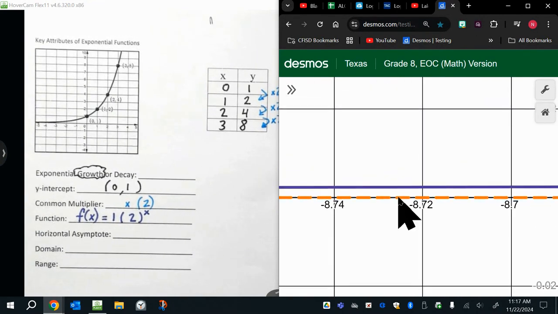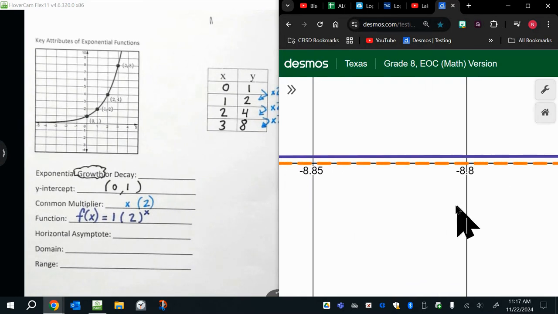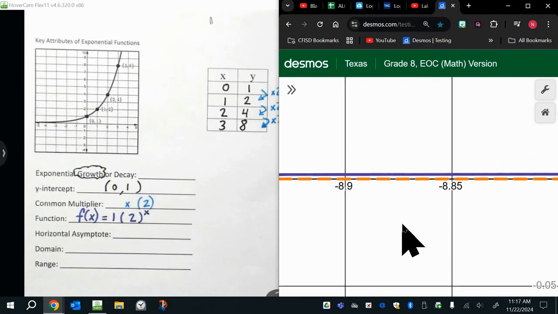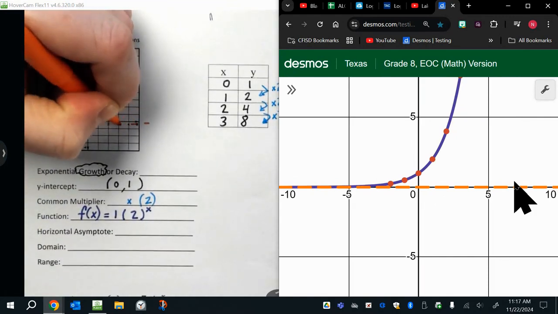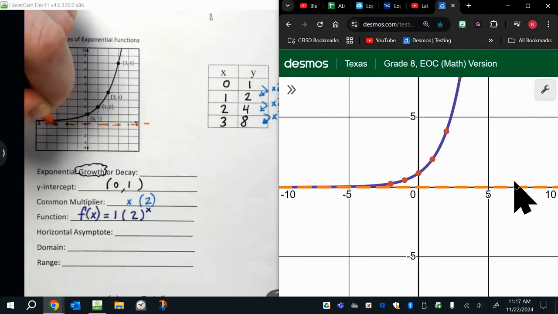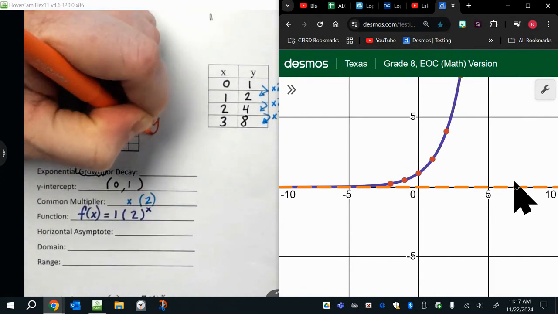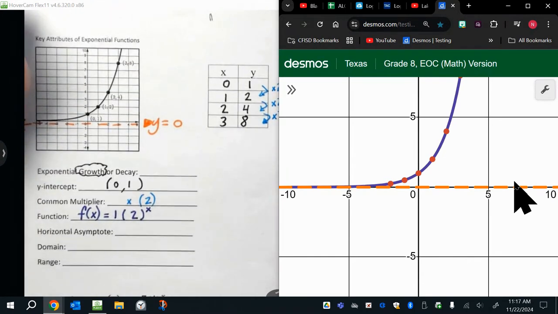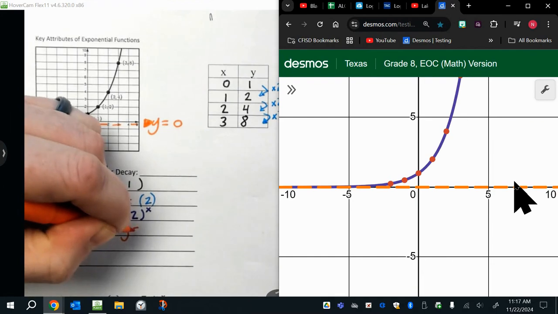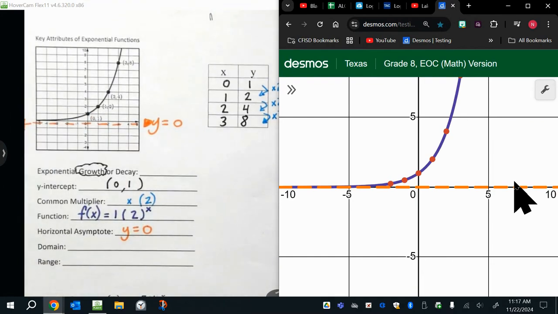It just gets really, really close. It'll keep getting closer and closer to the orange line, but it will never pass it. So that orange line is our asymptote, and the equation for our asymptote is y equals 0.